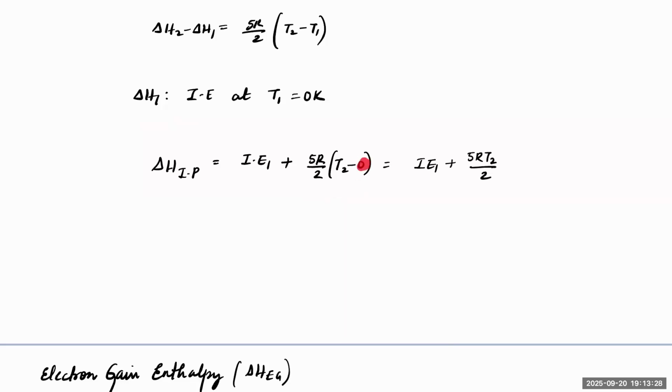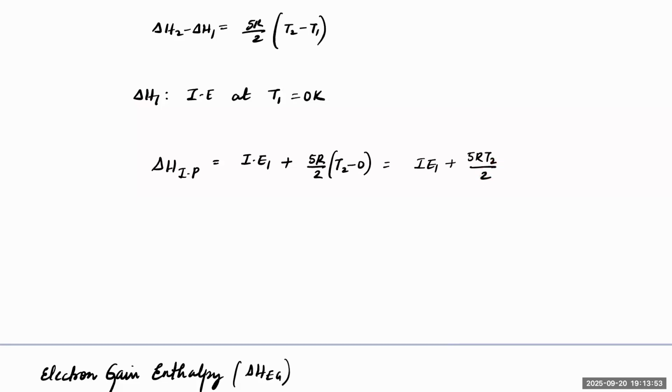And T1 is 0 kelvins. So this is the formula I'll get: IE at temperature T is equal to IE0, the energy required at 0 kelvins, plus 5RT by 2.